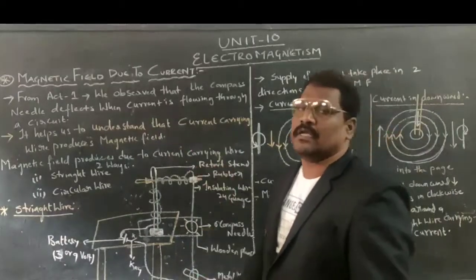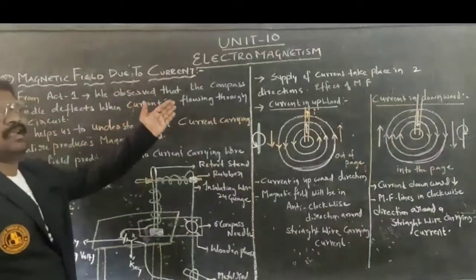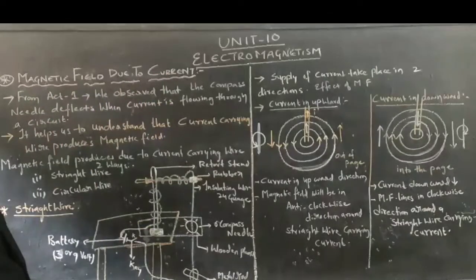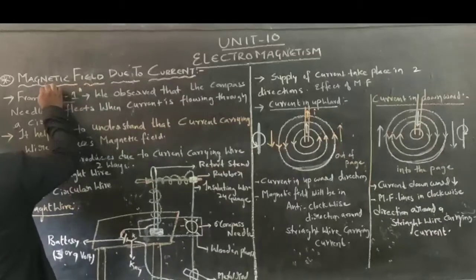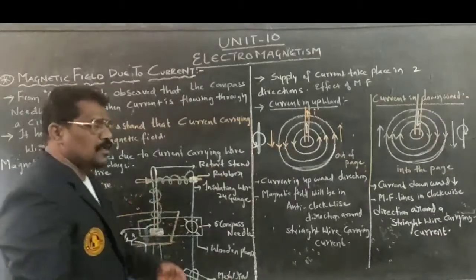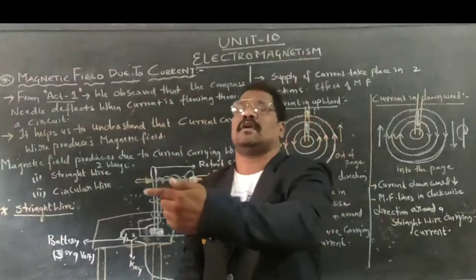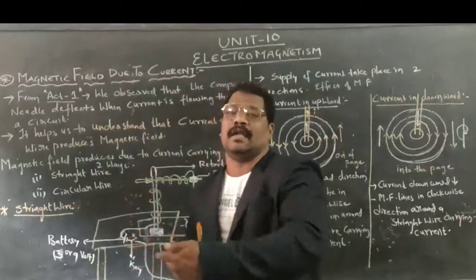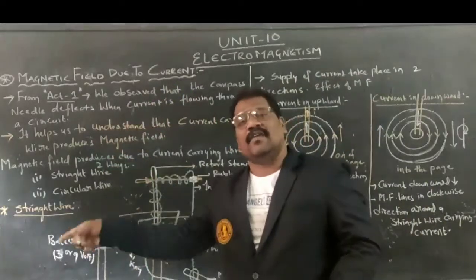Now we are going to discuss magnetic field due to a current carrying wire. Already in Activity 1 of our textbook, we have studied clearly that when a compass needle is placed near a circuit carrying current, it shows a deflection.